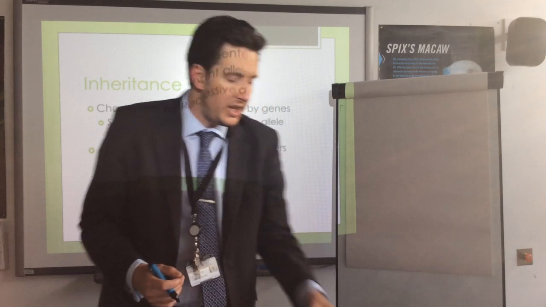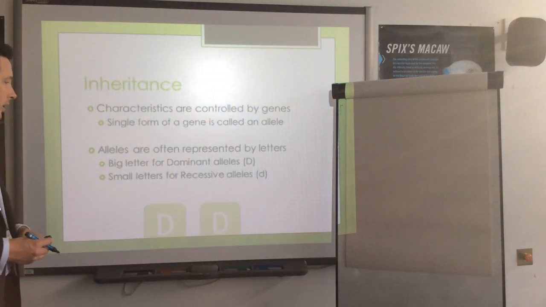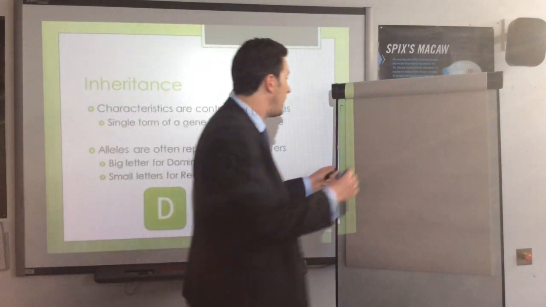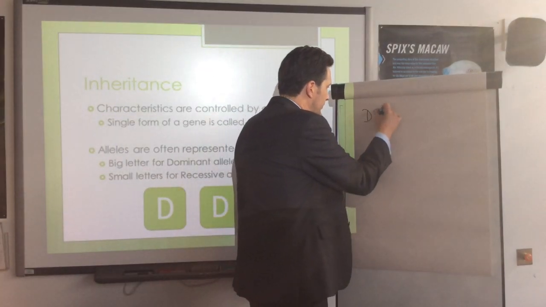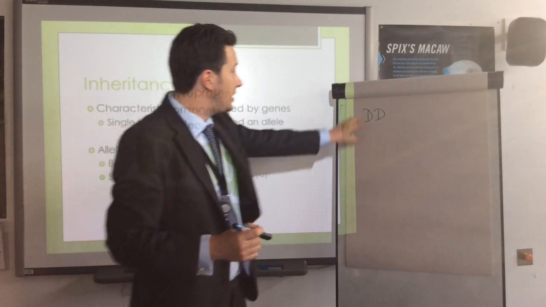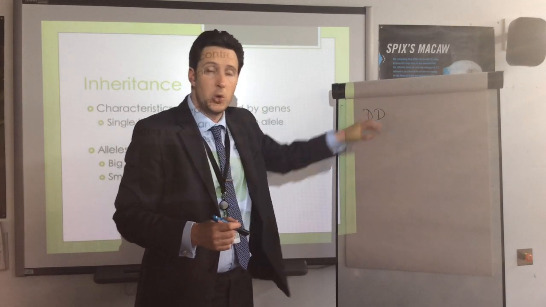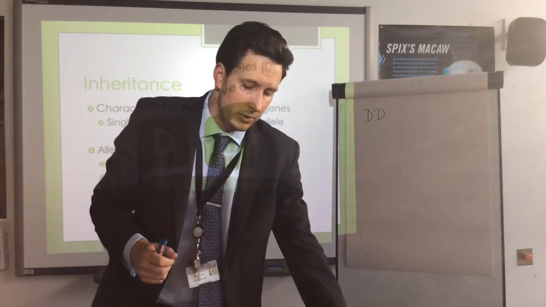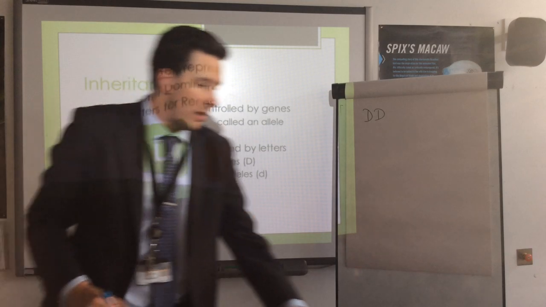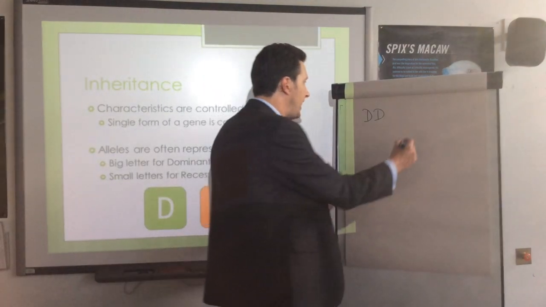Now if I use the Ds as an example, you could have two big Ds, two of the big dominant D alleles. And that's called a genotype. So this is the genotype of a person. They have two of these dominant alleles. You could have a big D and a little d. That would be another combination that you could have.